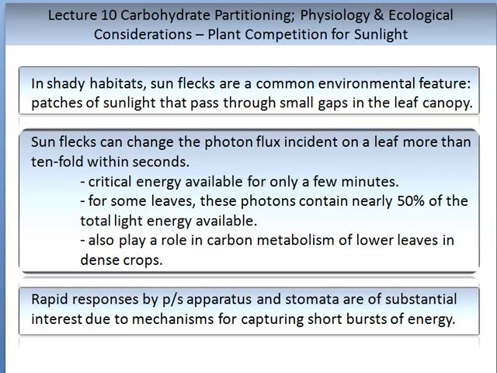For some leaves, these photons contain nearly 50% of the total light energy available. Also, they play a role in carbon metabolism of lower leaves in dense canopies. Rapid response by the photosynthetic apparatus and stomata is of substantial interest due to the mechanisms for capturing short bursts of energy.